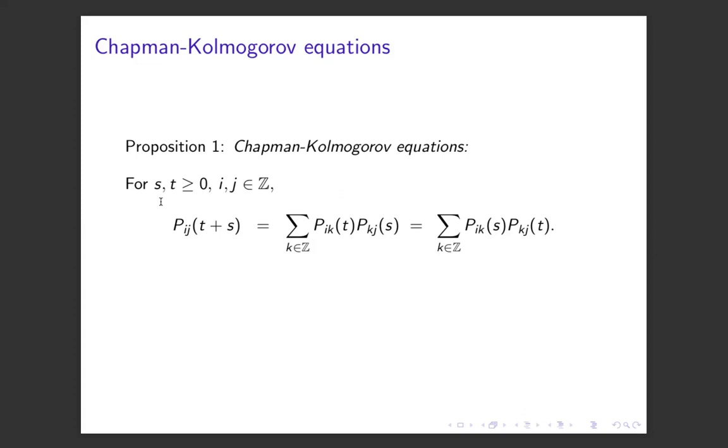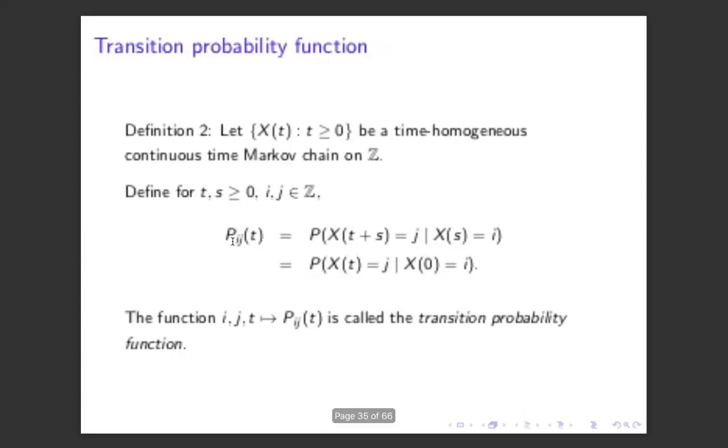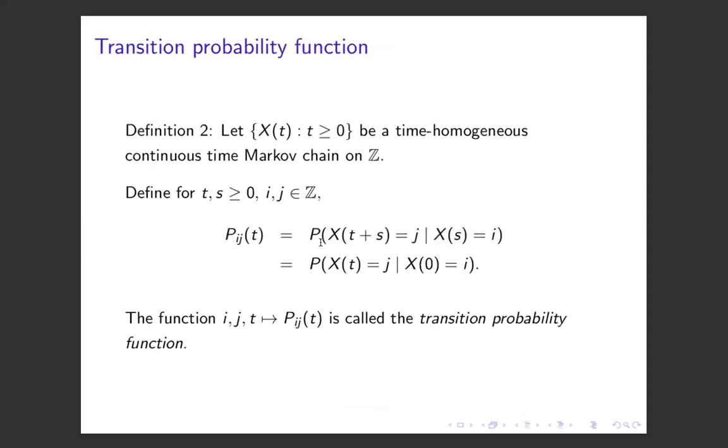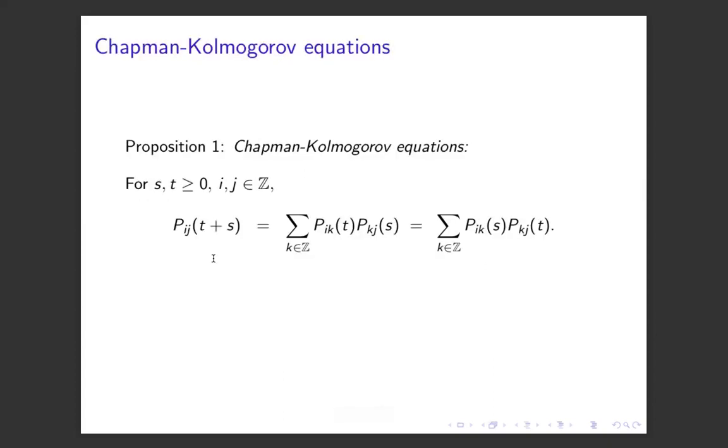The result says this: for time points s and t and space points i and j, p sub ij (t+s), by definition, is the probability X at t plus s is in j, given that X_0 is at i.